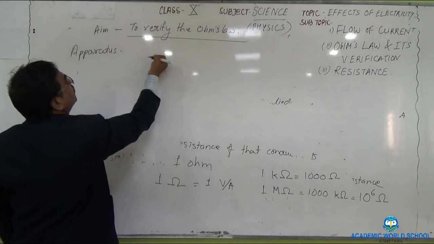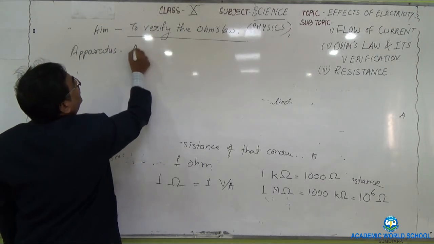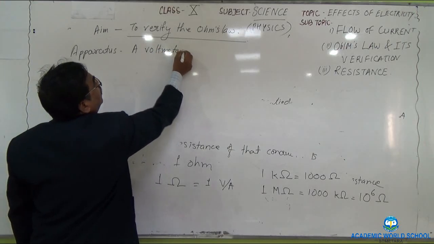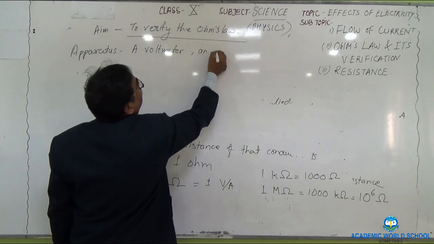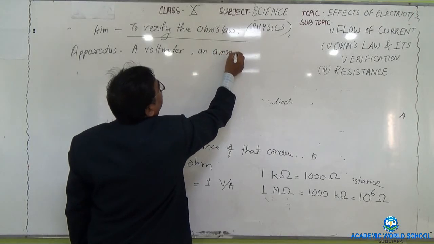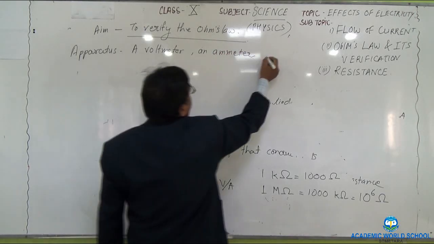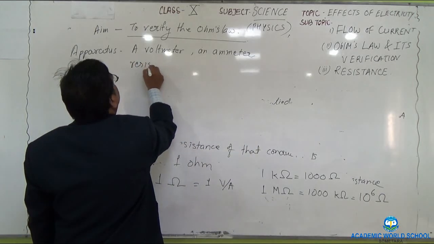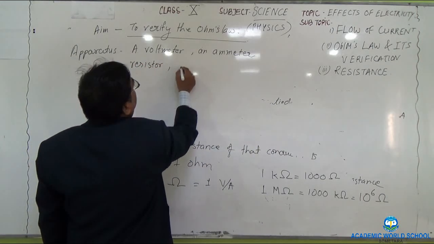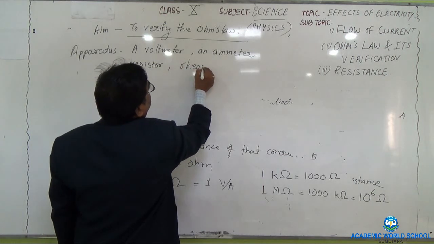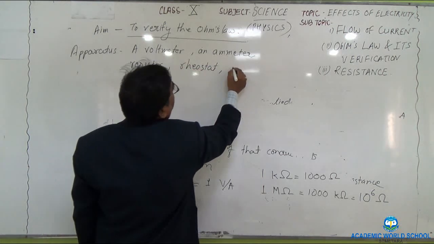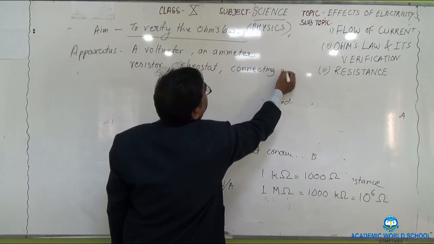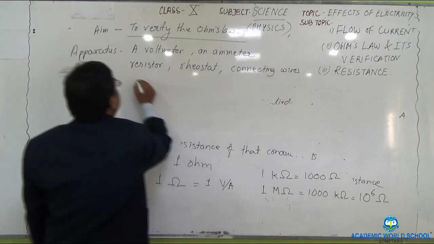You need a voltmeter, an ammeter, a resistance wire, a rheostat, some connecting wires, a switch.